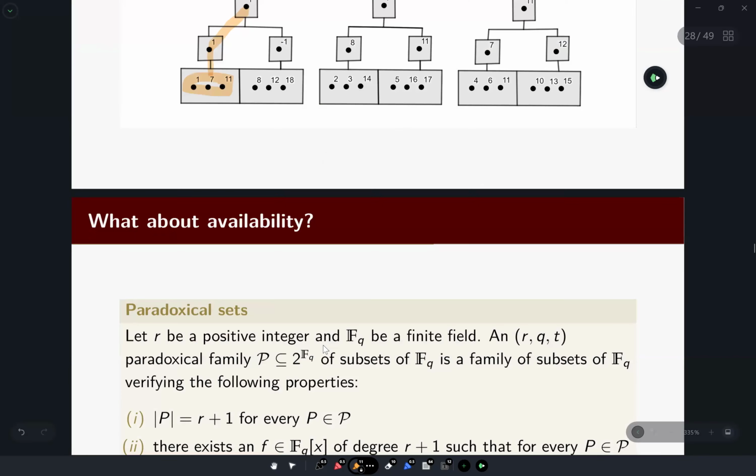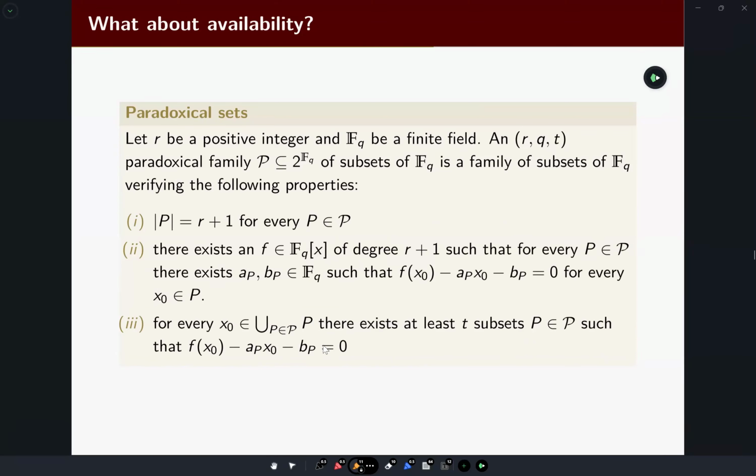Okay, now what about availability? Again, for availability, we needed to find a way to give more than one locality set. And we found an interesting new way to do that.